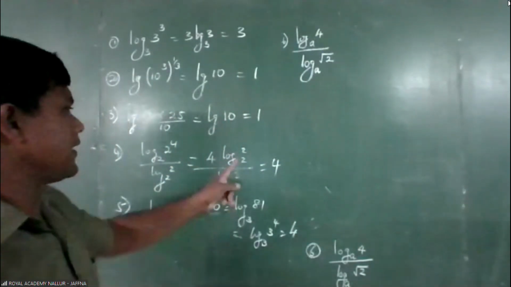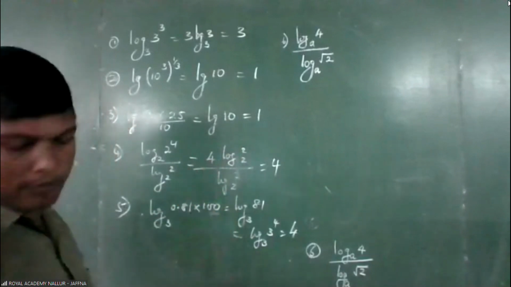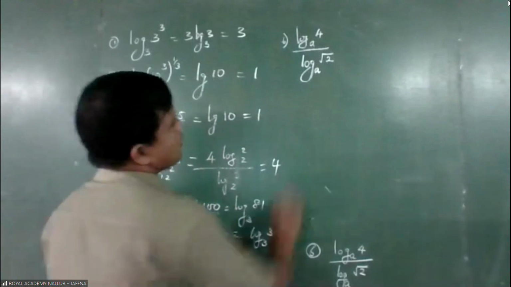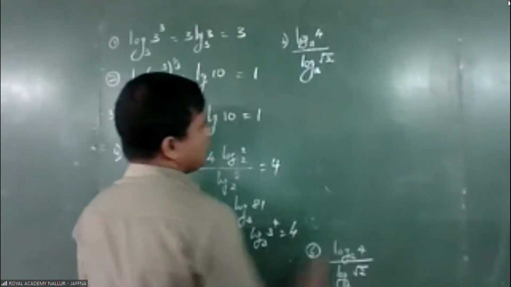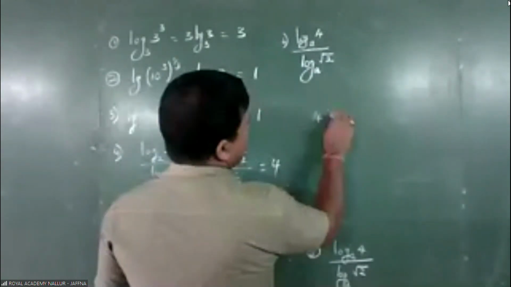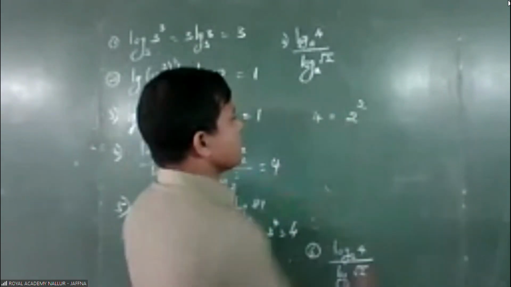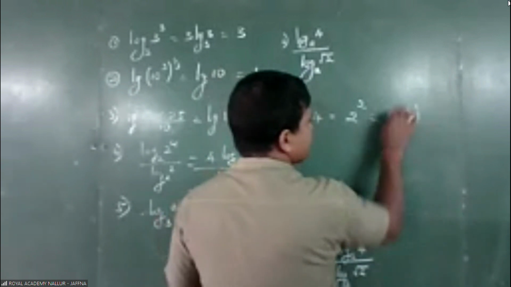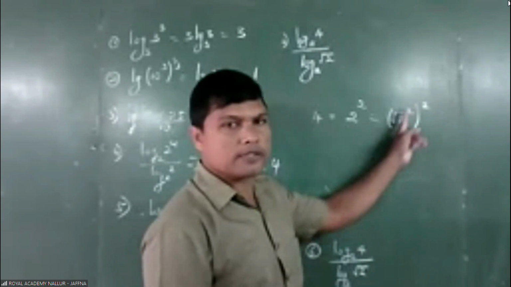As we did here, if we have these two values equal, you can remove them. But here, how to make it? You have to make this number 4 with the help of this. Number 4 is equal to 2 to the power 2. This 2 is equal to square root of 2 to the power 2, is it? Square root of 2 to the power 2 is equal to 2.